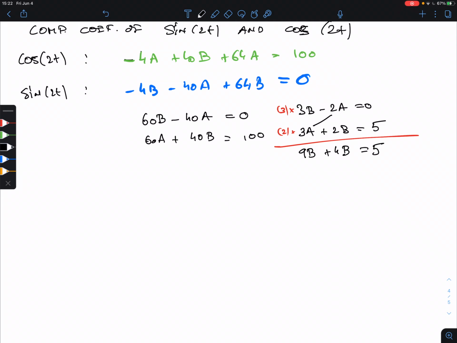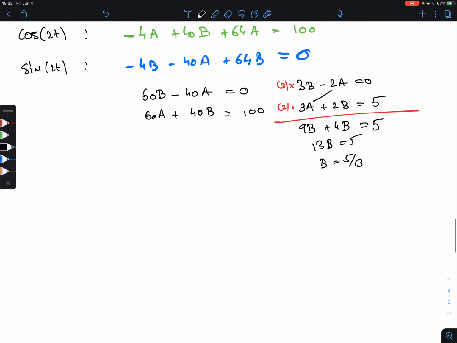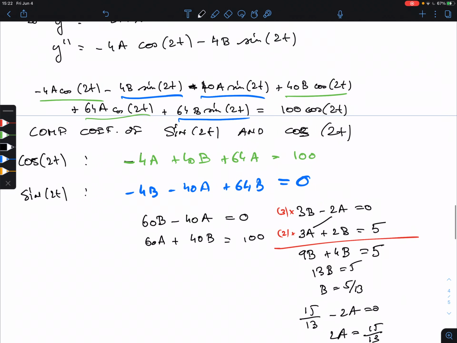Instead of 5, I wanted to have a nicer number, but okay, it will not be as nice, but that doesn't matter really, right? We get this, so b is 5 over 13, and then we can plug this in there. We see that 15 over 13 minus 2a is 0, so 2a is equal to 15 over 13, so a is 15 over 26. So we find our solution.